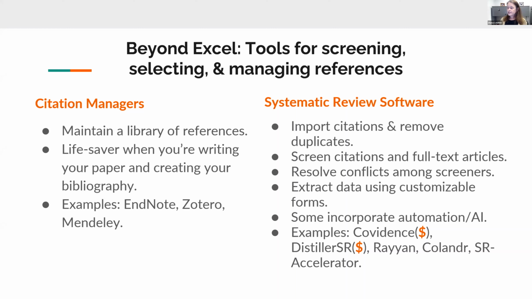So one of the not free tools that we wanted to highlight that both Anjuli and Mira are using is Covidence. And many people at UW have used that. We don't have an institutional license, but I have been told that the current fee for using Covidence for a single review is about $230.